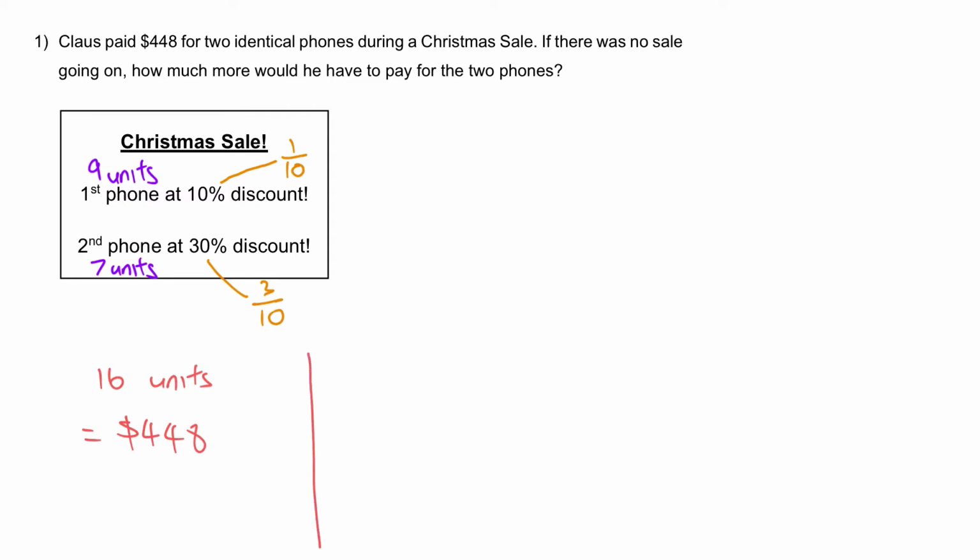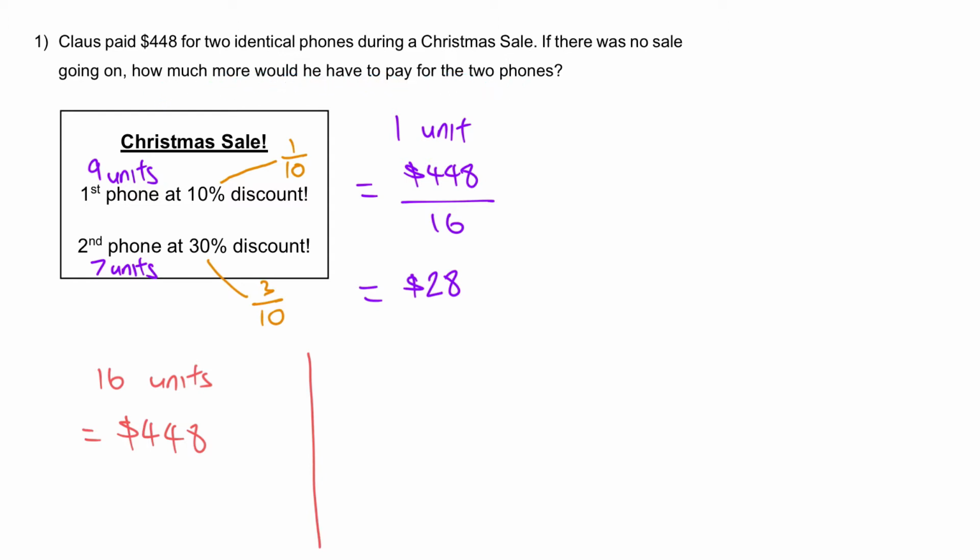Next, for the 1 unit, we're going to take 448 divided by 16 to get $28.